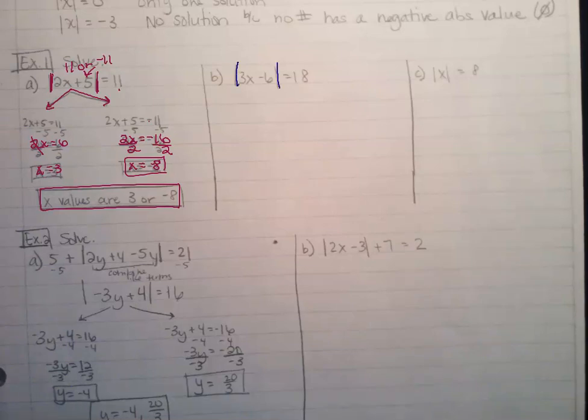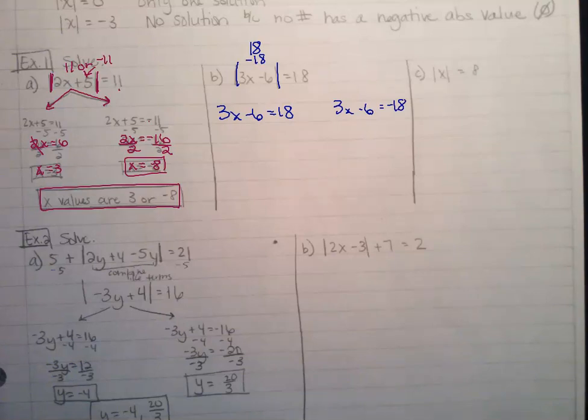Here's my absolute value. So the number in here has to equal 18 or what other number? Or negative 18. So that's what we're going to do. We're going to set it equal. So 3x minus 6 equals 18, or 3x minus 6 equals negative 18. What's the first step?